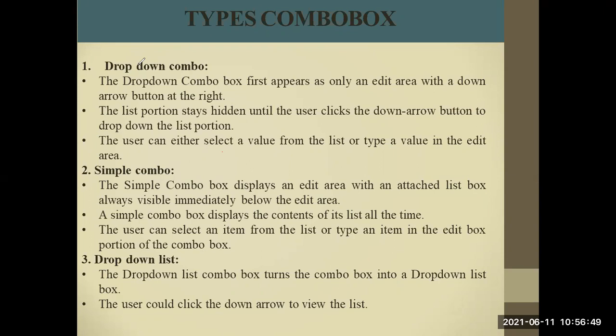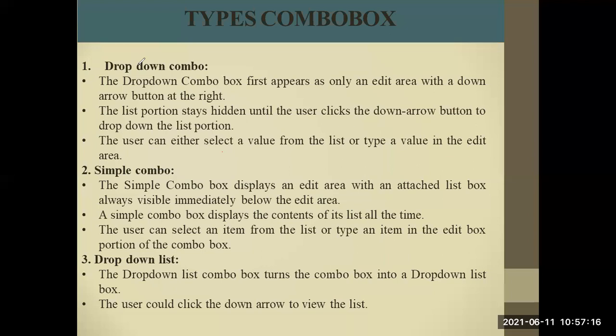So the user can perform the edit option in it, and on the right hand side there will be a down arrow. We can click on the down arrow, and it will provide a list of the items that are available.